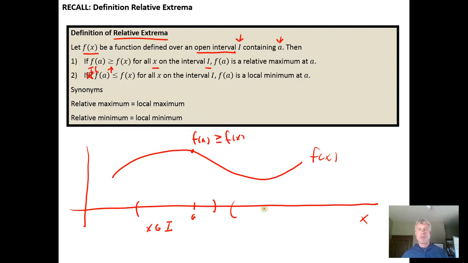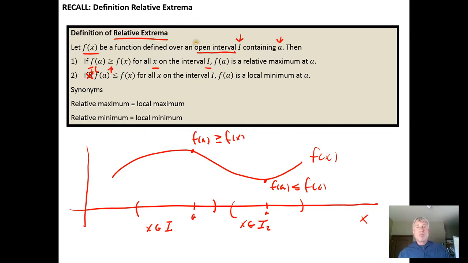And if we were able to find an open interval, let's call it I sub 2, such that for all x in that open interval f of a was less than or equal to all f of x, then we said we had a local minimum.